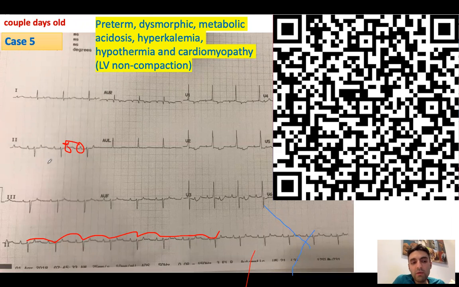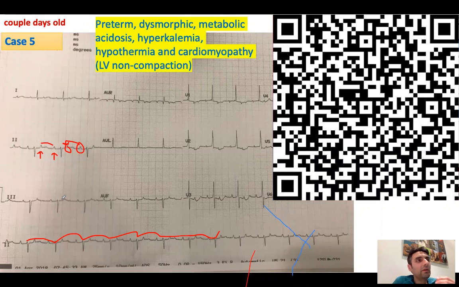T waves are never this sharp, and this deflection is almost identical to the P wave. So this is a P that blocks and this is a P that conducts, and the PP interval will march out nicely. That's an example of 2-to-1 heart block.